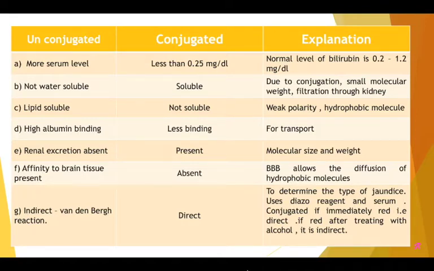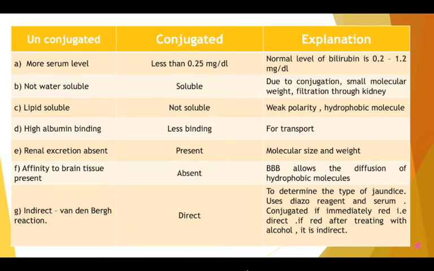The next point is albumin binding. We discussed in the bilirubin metabolism video that bilirubin gets bound to albumin in the plasma, because for further transportation it should be bound with albumin.